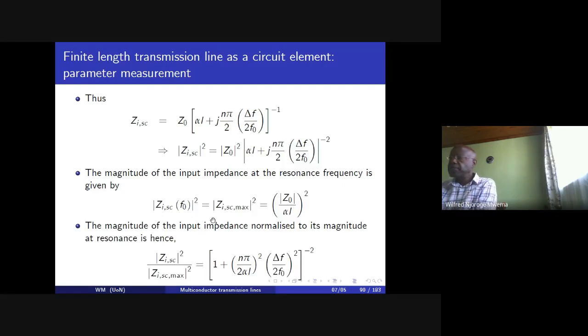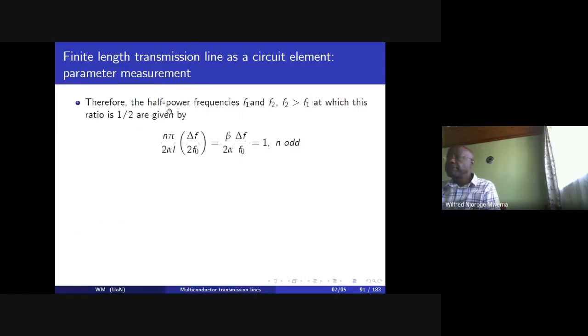And hence, the magnitude of that input impedance can be normalized to its resonance value, and we get a value of 1 over 1 plus n pi by twice alpha L squared delta f by twice f naught whole squared. And therefore, the half power frequencies f1 and f2, where f2 is greater than f1, at which that ratio is a half of what it would be at resonance, would be given by that expression there, for n equal to one.